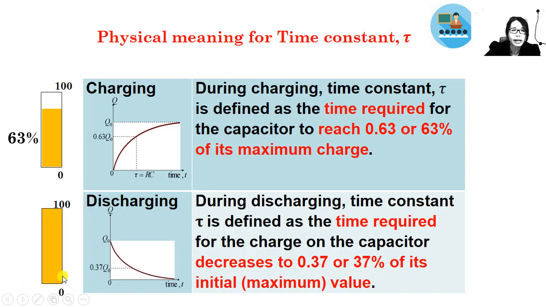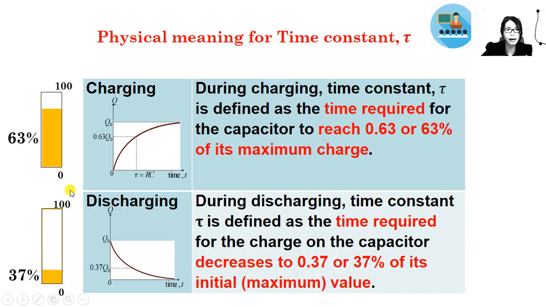It means that if my capacitor is initially fully charged, the time constant is the time taken for the charge in the capacitor to reduce until only 37% is left. That is what we call time constant during the discharging process.